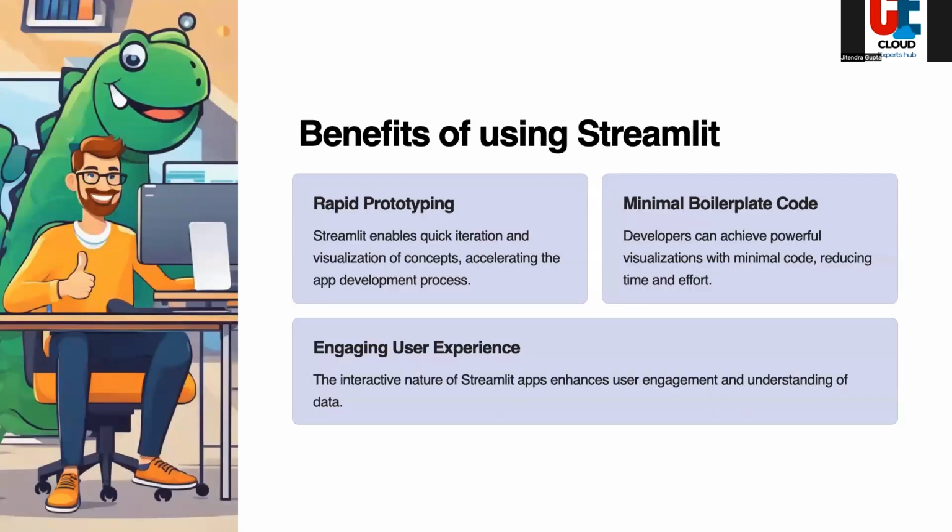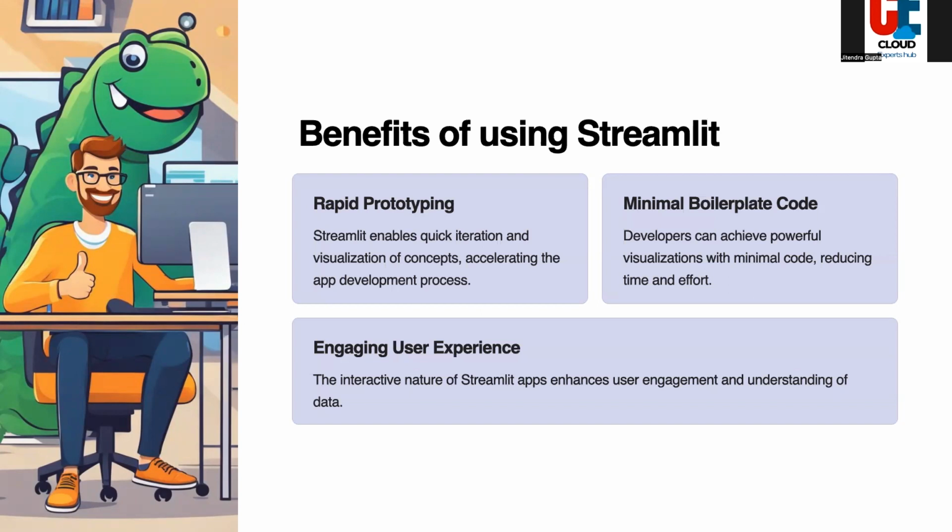As we can see, you can do very quick prototyping with Streamlit. It enables quick integration and visualization of the concept, the POCs that you work with. It does not require a lot of settings. It's just one module that you need to install and you get started.